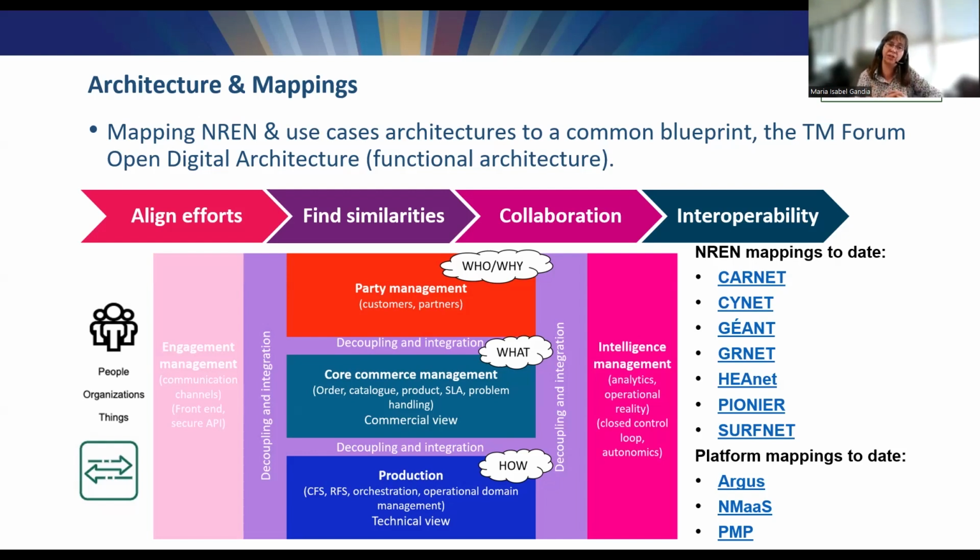Production block is where the orchestration happens, is where the customer-facing services, the resource-facing services, the operational domains, optical equipment, the technical routing equipment, all this technical view is in the production block. It's a how. The intelligence management is where the intelligence happens. If there is artificial intelligence, it is here. The analytics, the operational, the closed operational control loops.